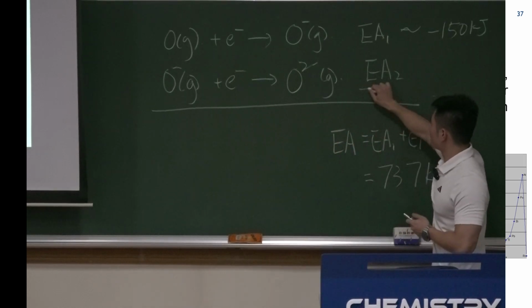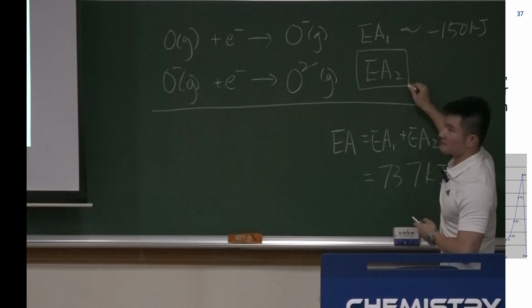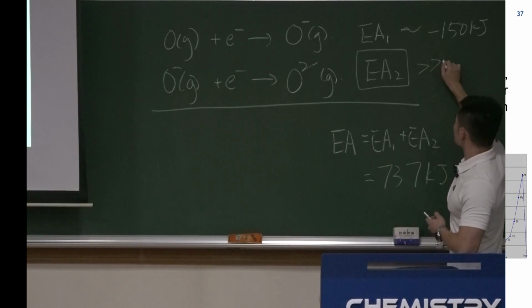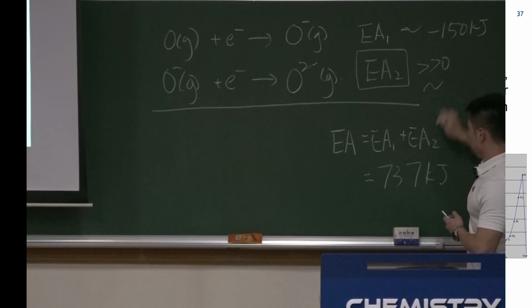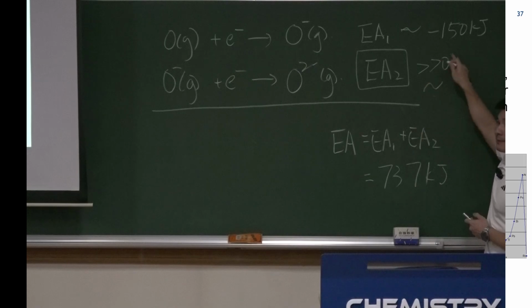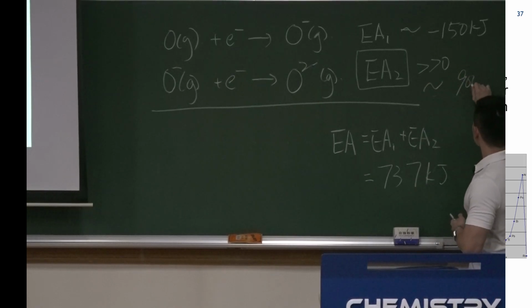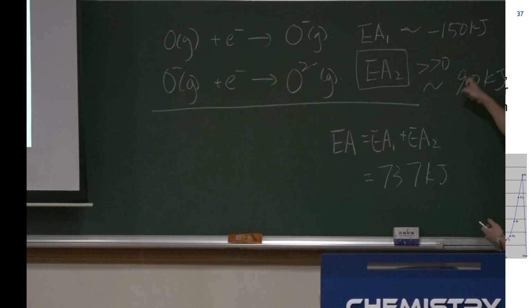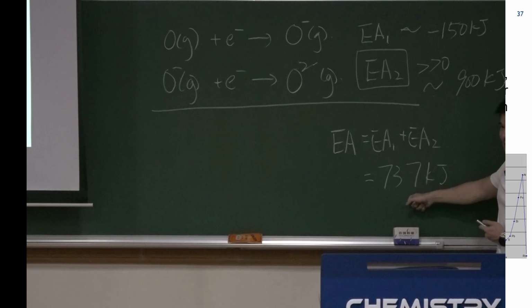That is, the electron affinity for oxygen minus is much greater than 0. If you add these two together, about 900, because 900 minus 150 will give you about 750. I'm just doing the math quick, so I may not have the number exactly right.